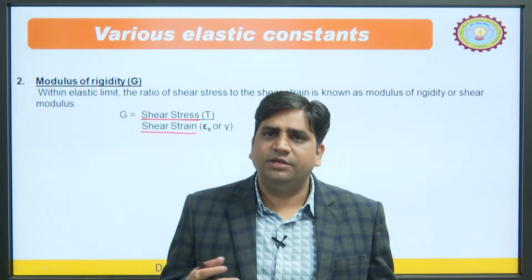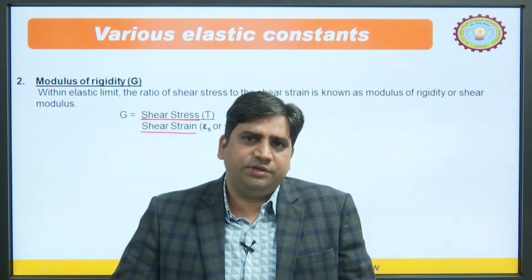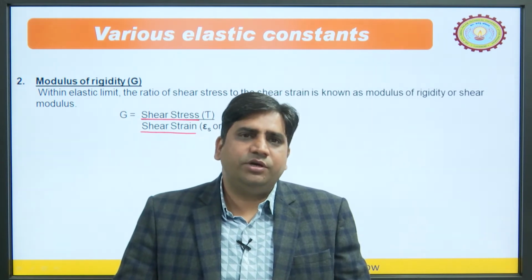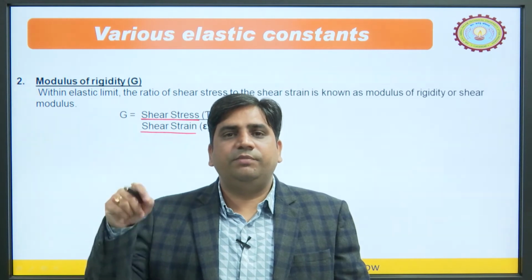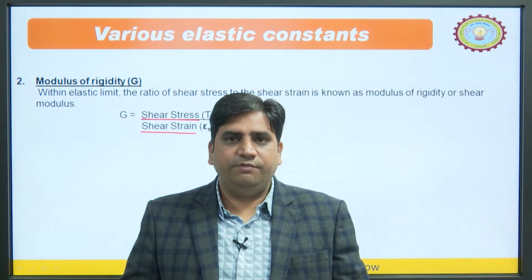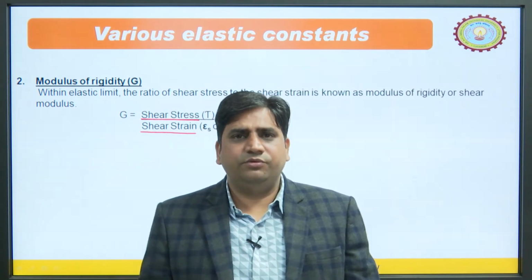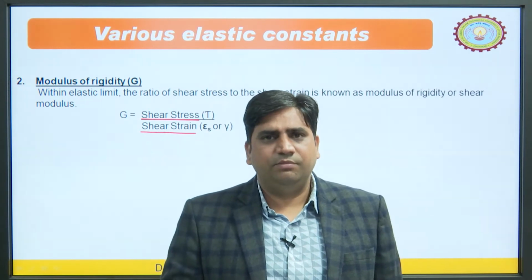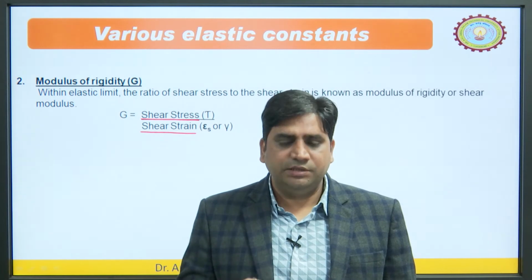In many situations we need a more rigid body, in many situations less rigid. Irrespective of the shape, if you select a material for a particular application, its G would always be the same, right. Whether it is a wire, a sheet, or a pipe, the value of this modulus of rigidity will remain the same.